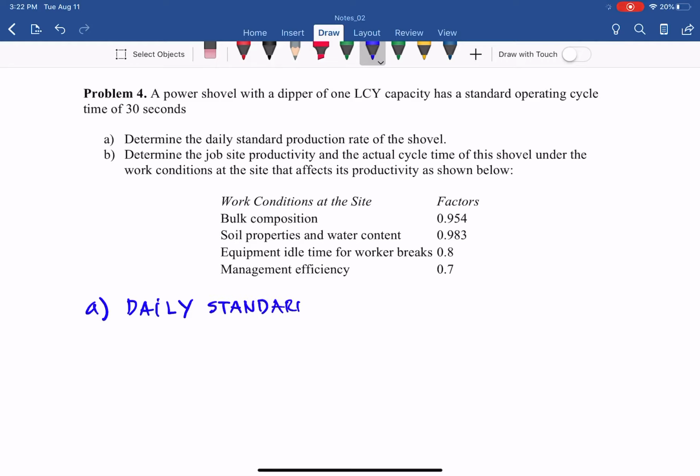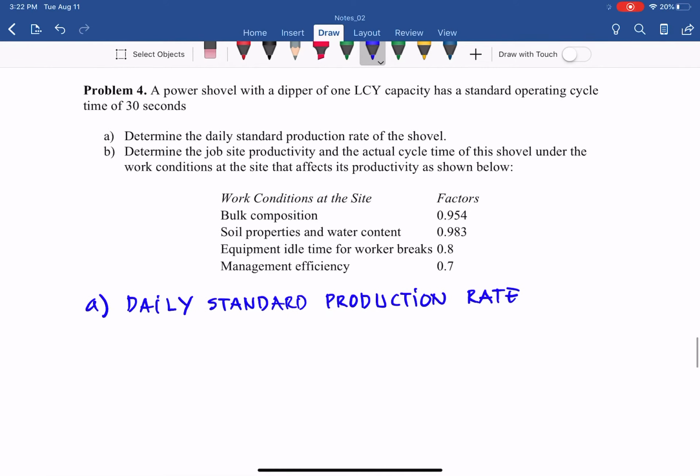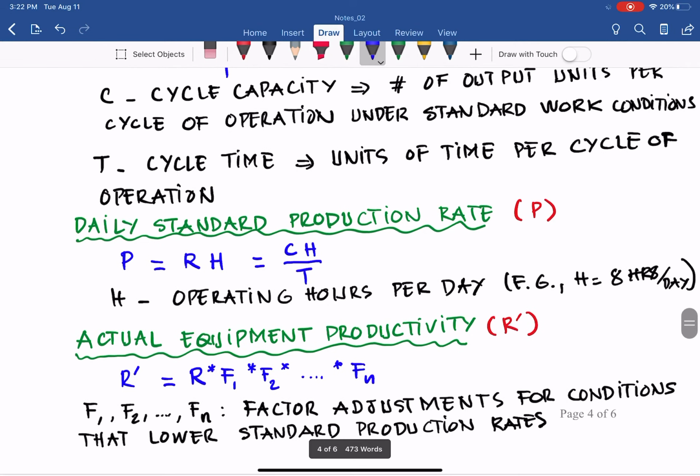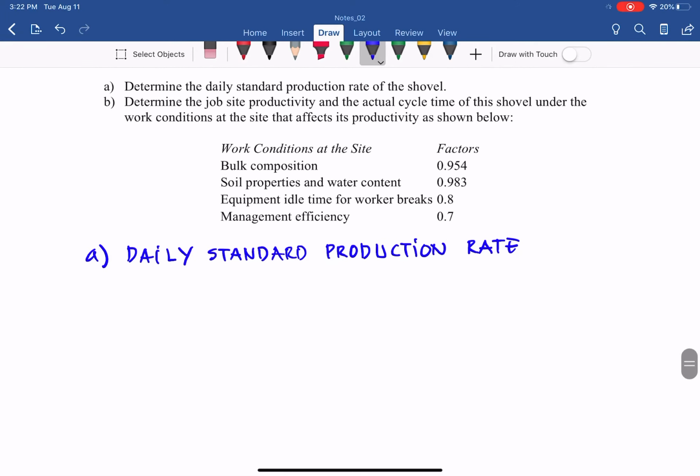From what we learned in here, the daily standard production rate P equals RH or CH over T. So P equals RH, and R equals C over T, times H, as you can see there.